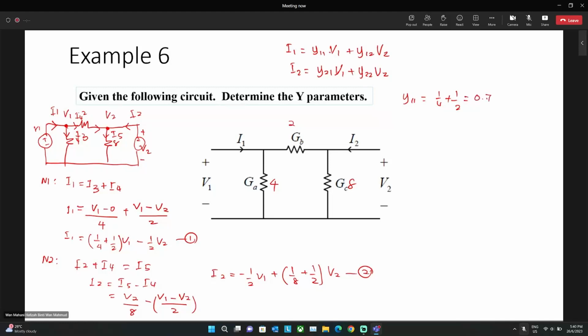Sama kan? So 0.75 Siemens. So Y12 yang sini negatif 1/2, negatif 0.5 lah Siemens. Y21 yang ni pendarab kepada V1 negatif 0.5 juga ataupun negatif 1/2. Y22 sekarang ni 1/8 tambah 1/2, 0.625.